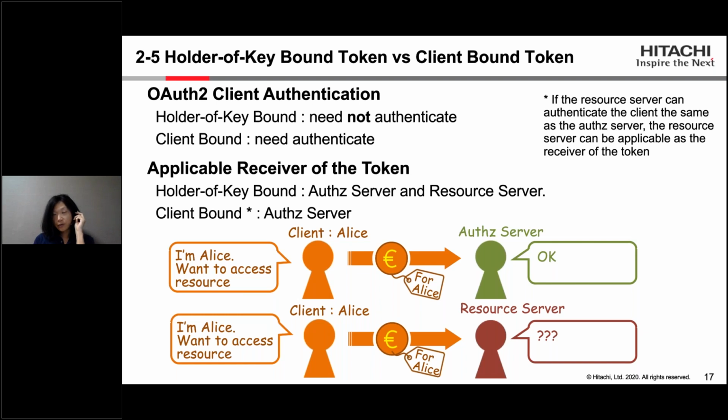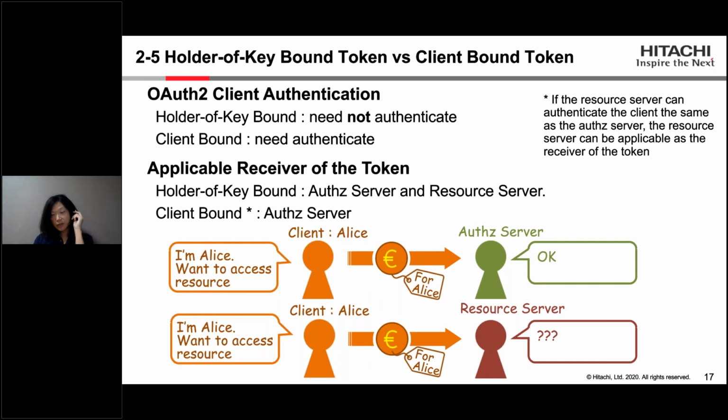Considering that point, both the OAuth server and the resource server are applicable receivers of the holder-bound token, while only the OAuth server can be an applicable receiver of the client-bound token because, in my opinion, generally the resource server cannot do OAuth client authentication in the same manner used by the authorization server.